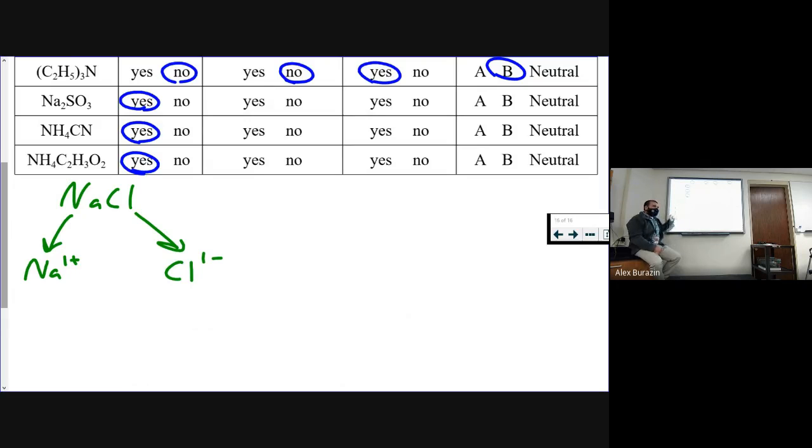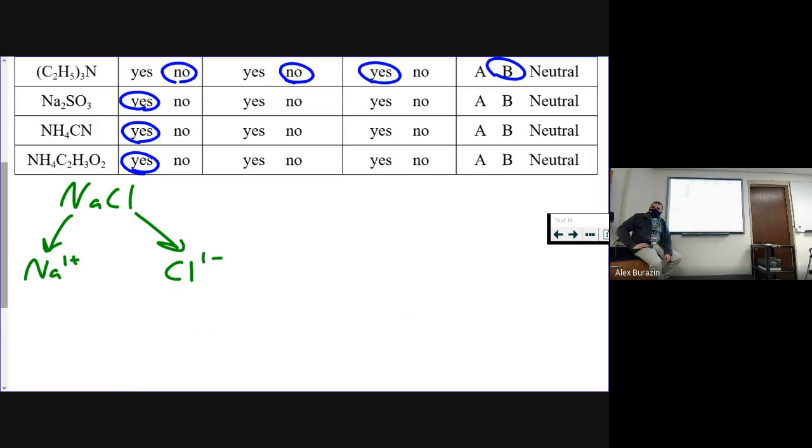What base would have given us sodium ions? Sodium hydroxide. Yeah. And sodium hydroxide is strong. So therefore, this being the conjugate of that should be neutral. In other words, not going to mess with the pH at all.